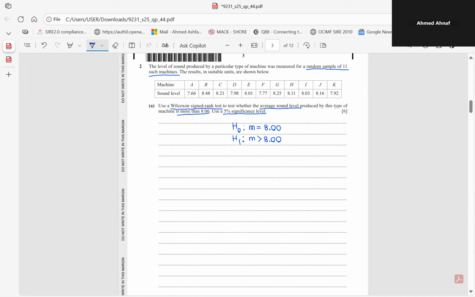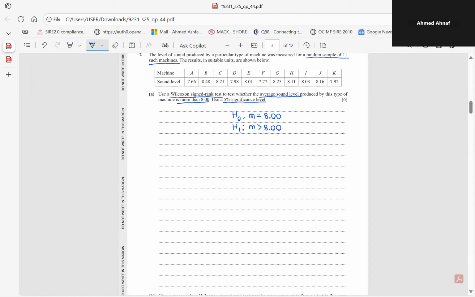Since we are only focusing on the upper tail of the distribution, this is a one-tailed test, not a two-tailed test.